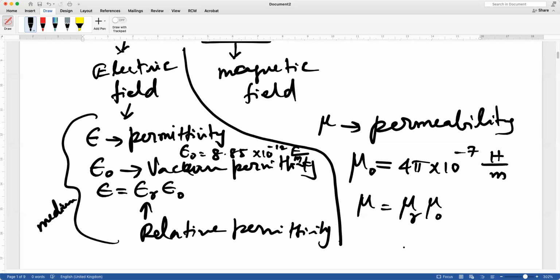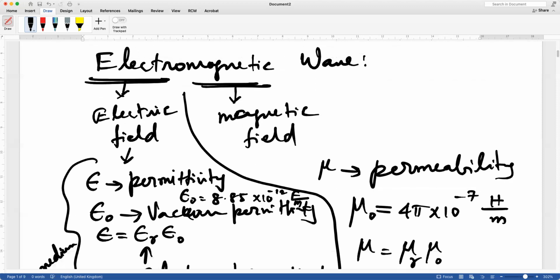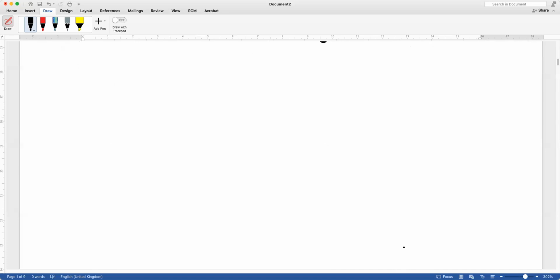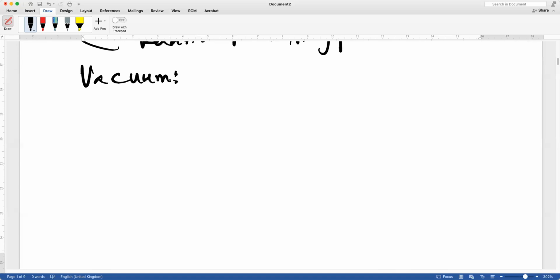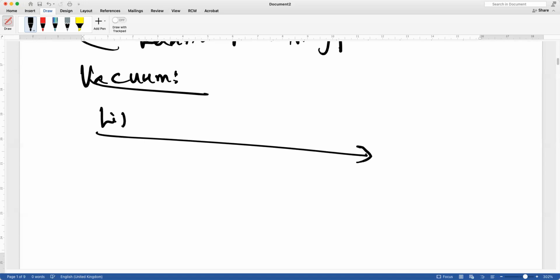So why are we bringing this up when we are talking about the electromagnetic wave interacting with the medium? Let's take the case of vacuum. The electromagnetic wave, which is the light, has to go through the medium.